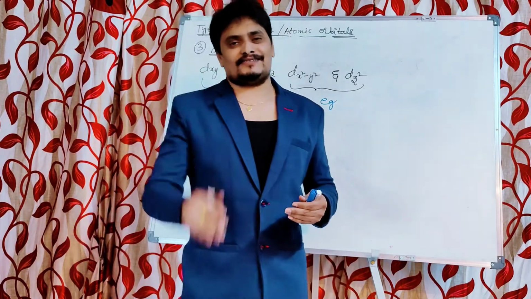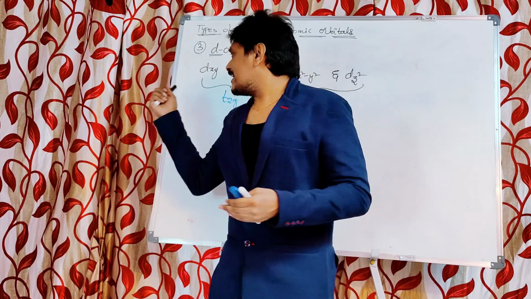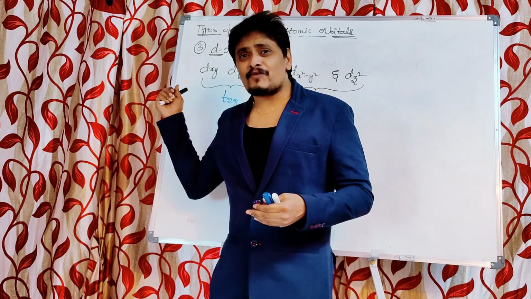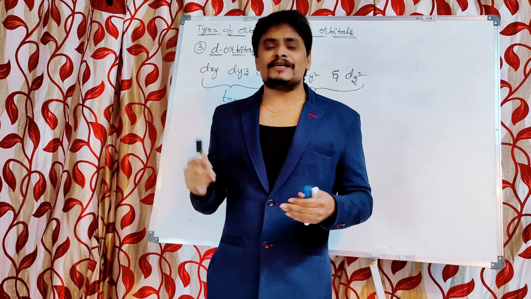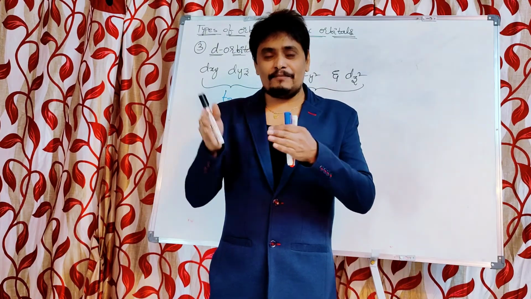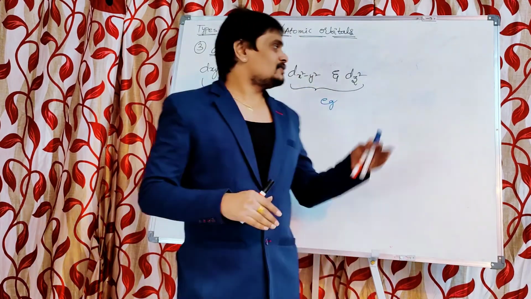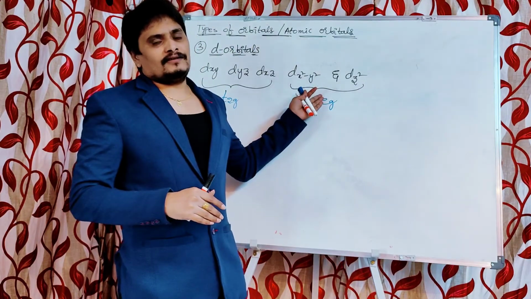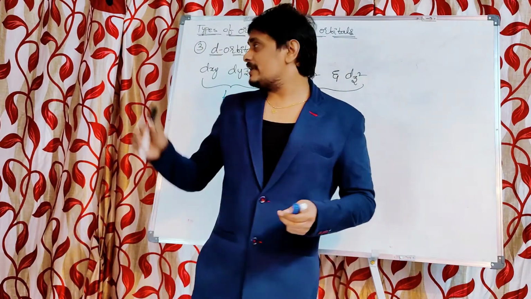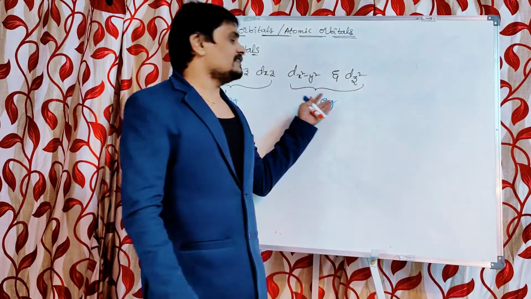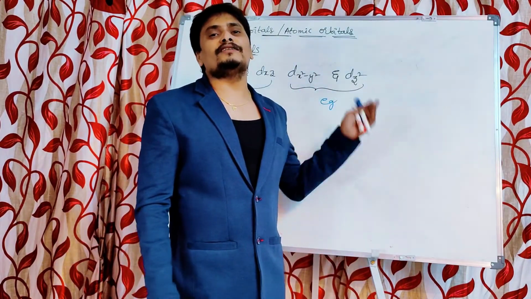Electrons are located in between the axis means what? The lobes will be in between the axis. And in the EG case, lobes are located along the axis.